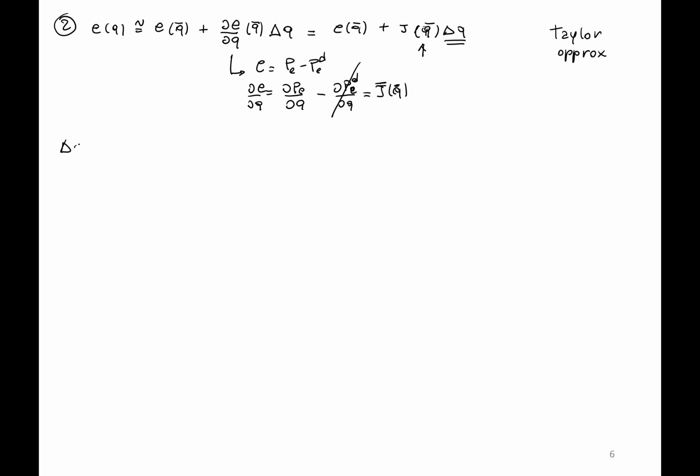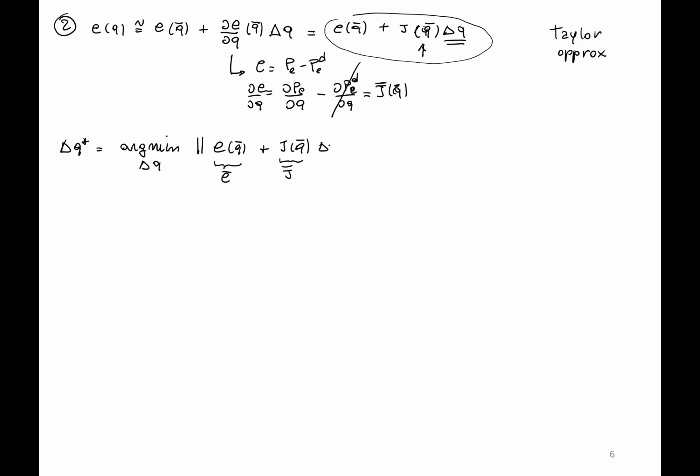Therefore, we can write an optimization problem again that is finding the value of delta Q that minimizes what? This approximate error function. Now we call, to simplify the notation, this E bar plus J Q bar, which we call J bar delta Q.